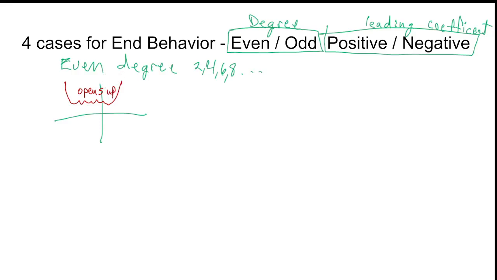and this is with a positive leading coefficient, right? And so what we see is as x is going towards negative infinity, y is going towards positive infinity, and as x goes towards positive infinity, y goes towards positive infinity as well.